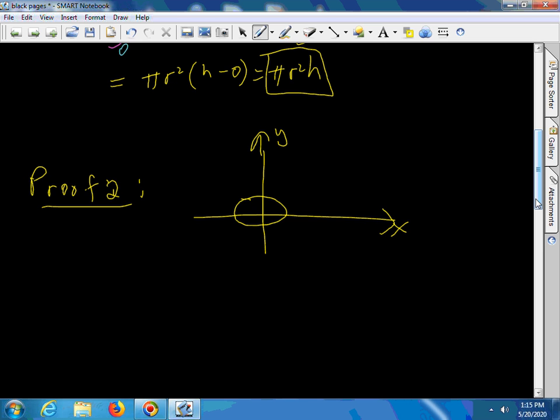And then I add another circle with thickness, the same size circle. And I add another circle with some thickness. And I add another circle with some thickness. In the end, I will get a cylinder.